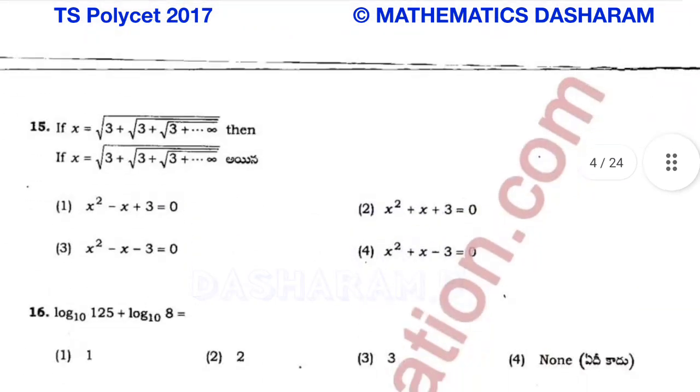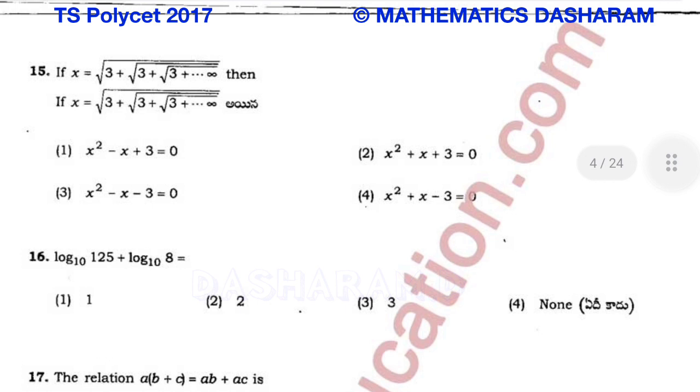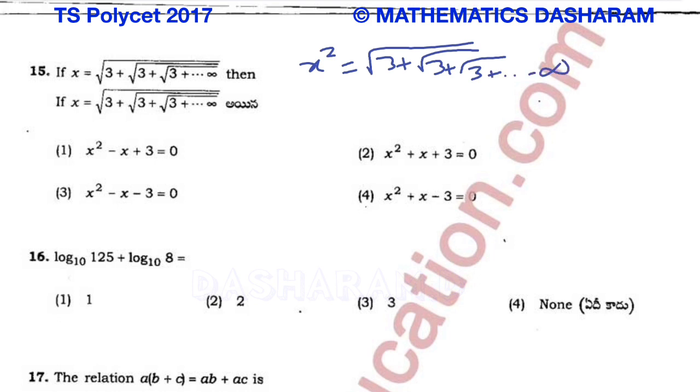Next, the 15th one. If x equals the square root of 3 plus the square root of 3 plus the square root of 3 plus dash infinity, then. To find the answer, square both sides. Then x square equals the under root 3 plus under root 3 plus dash infinity, whole square.